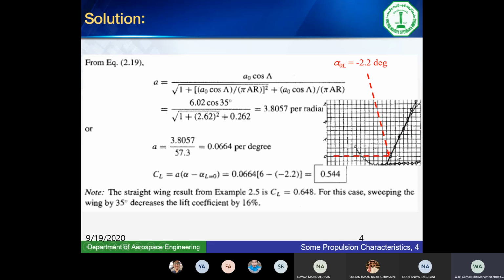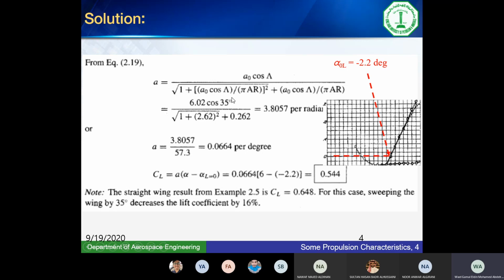Then you need to multiply that by 57.3. That will give you 6.08. And just to give you a perspective of that number, typically the slope of the 2D section is very close to 2 pi. Pi is 3.14, 2 pi is 6.28. You see that the slope is 6.08, very close to 2 pi.